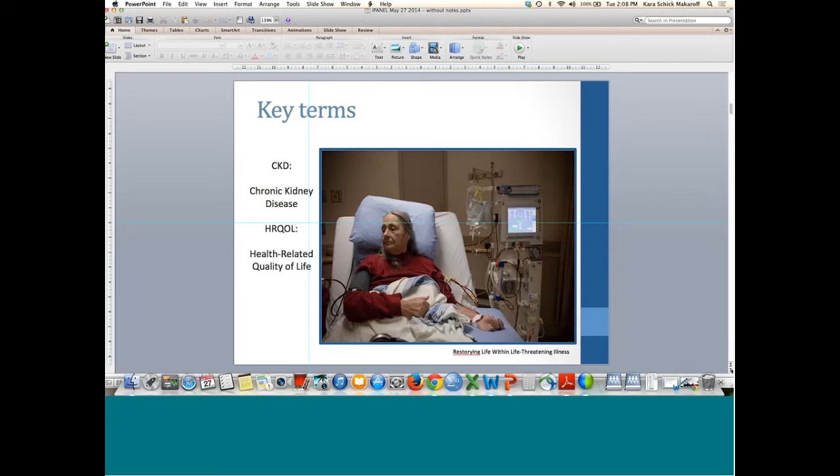So CKD typically affects older adults. In Canada at this time, there are over 40,000 people that are on dialysis. And in this photo that's on the screen, you'll actually see a woman who is hooked up to a dialysis machine. And when someone goes for hemodialysis in a hospital like this woman is doing, conventionally people go for about 3 to 4 hours every second day.